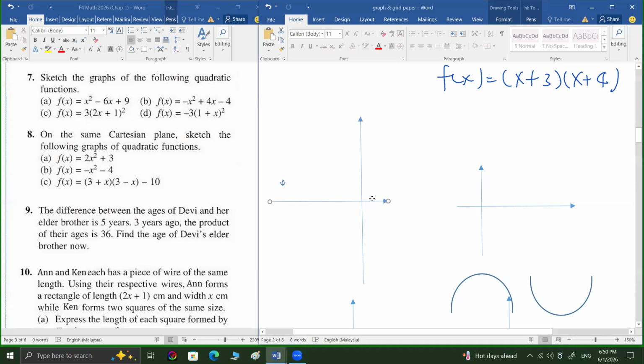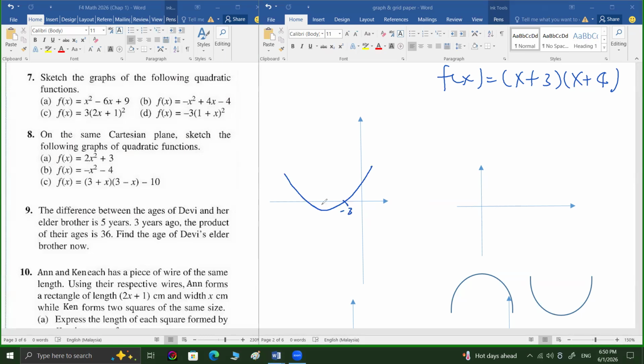Wait, class. Should be like this. Here, negative 3. Here, negative 4. Here, 12. 3, 4, 12. Done. Okay? Can you check? Okay, one more.